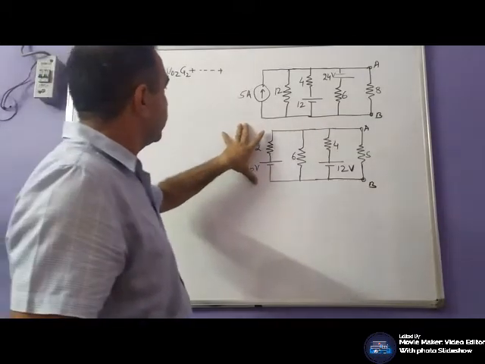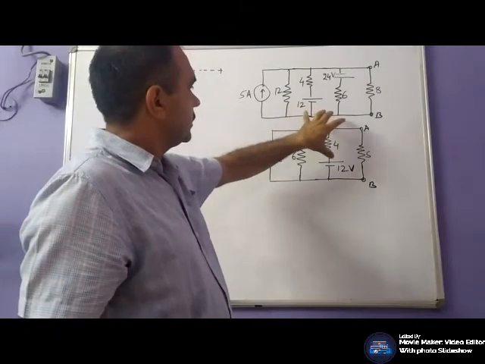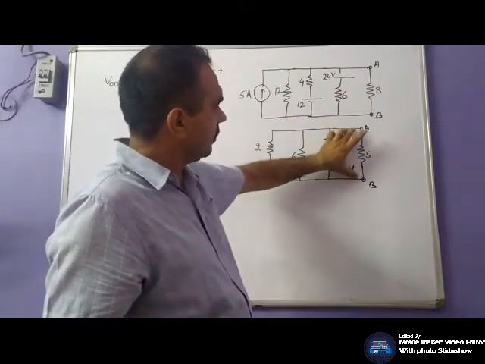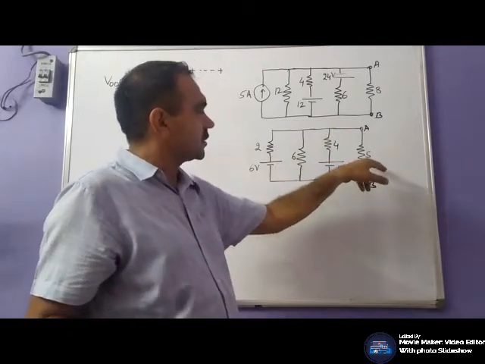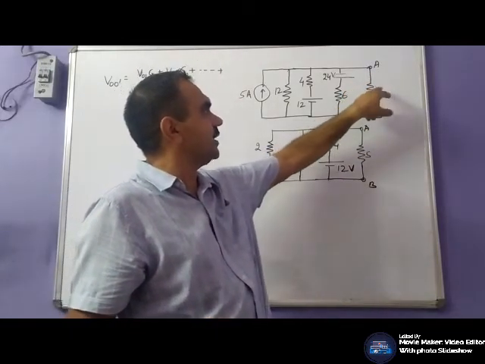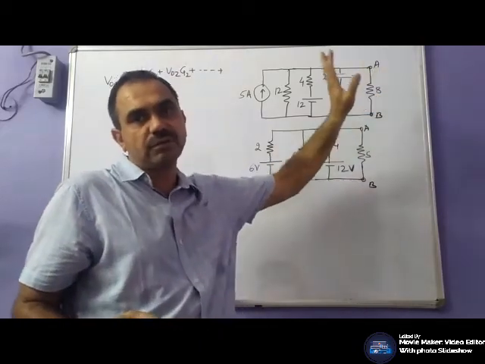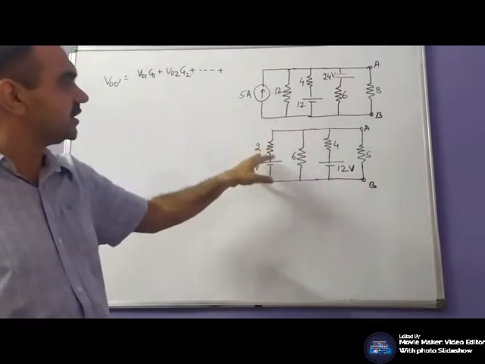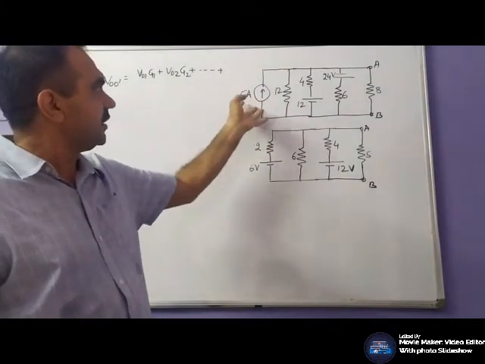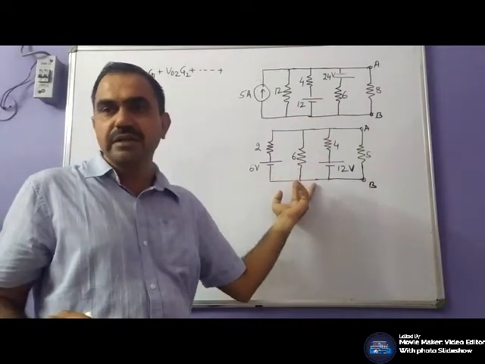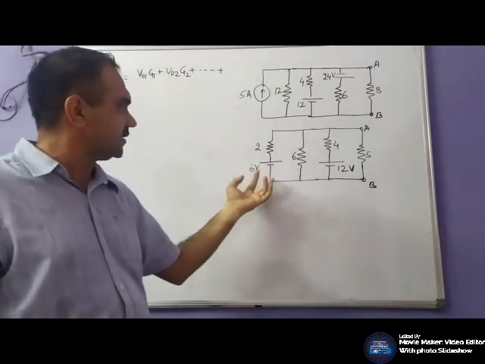So here we can do these two problems. In the first problem we have to find out the current and potential drop across this 5 ohm branch. In the next problem we have to find out the current and potential drop across this 8 ohm branch. All the resistances given are in ohms. Here we have a combination of current and voltage source. Here we have only the voltage source. First we will take this problem.